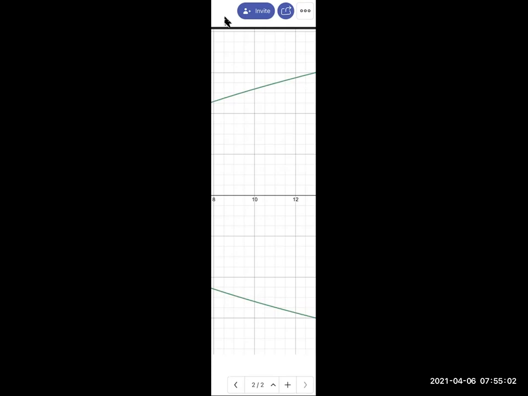What about, say, this one? Well, look, the vertex seems to be on the line of symmetry. So that's the next thing you want to think about. On the red one, that vertex appears to be here at -1, 3. I just went to Desmos, the graphing calculator, and here it is, -1, 3. And in fact, if you were to draw a line at x equals -1, it would seem to cut it exactly in half.